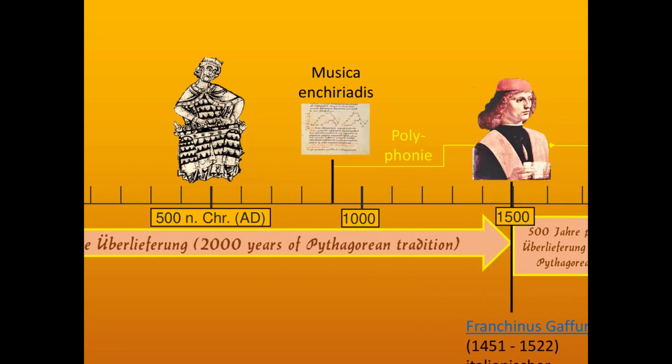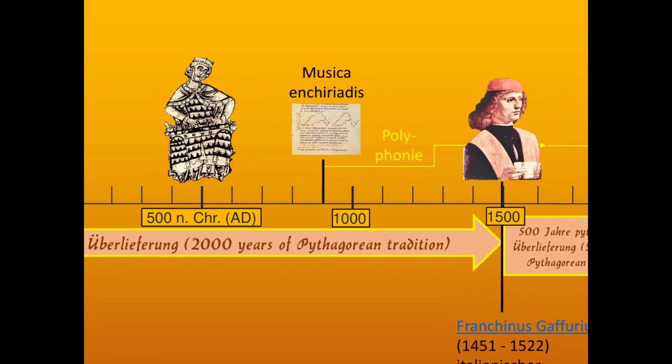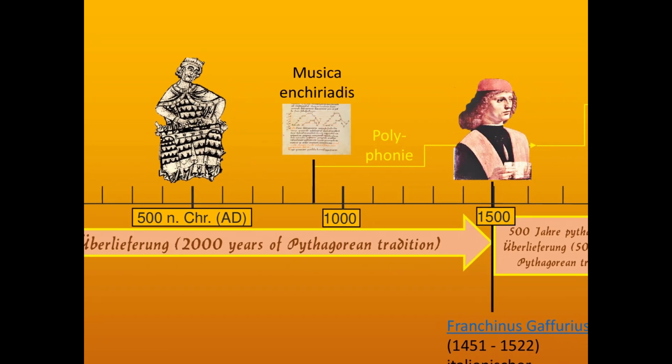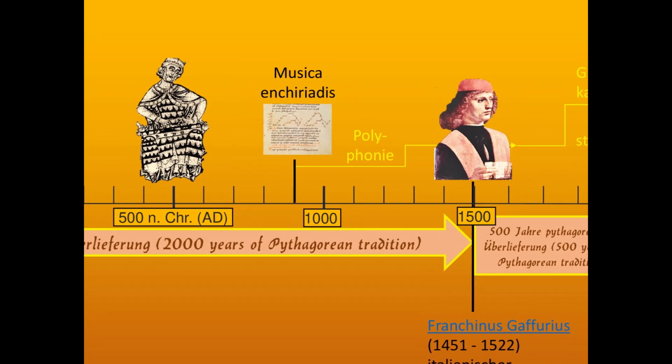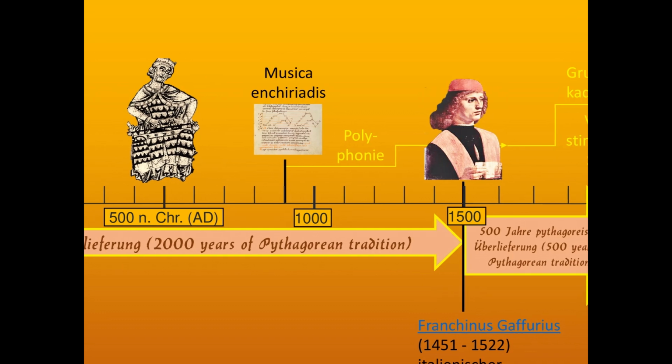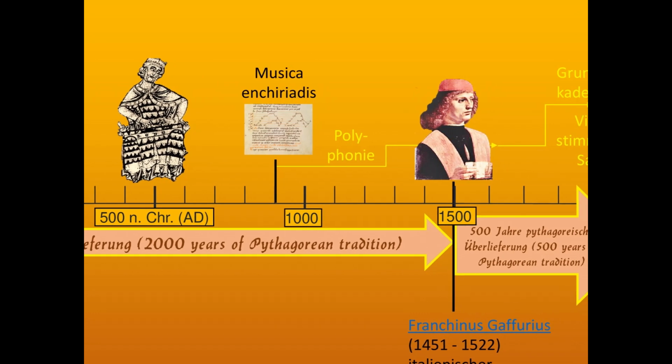The Musica Enchiriadis from the 9th century was the first writing of polyphony. However, the accompanying voices are limited to the 5th, 4th, and octave, the intervals of the basic cadence.